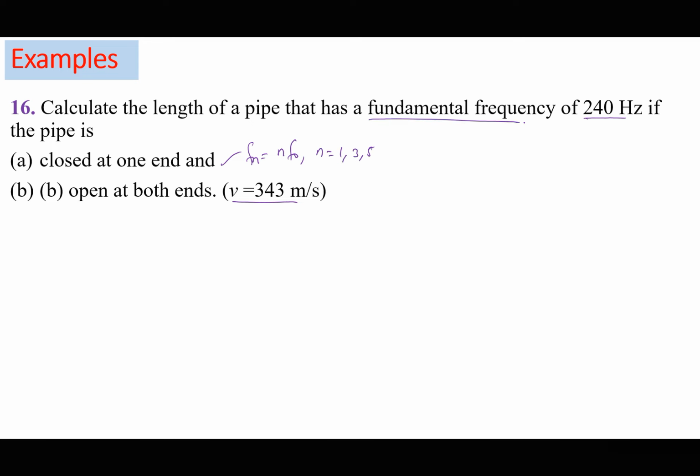But they want the fundamental frequency. The fundamental frequency for a closed pipe is equal to V over 4L. The fundamental frequency for an open pipe is equal to V over 2L.